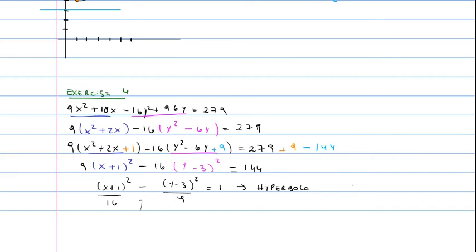And as we've seen before, the general formula for a hyperbola centered in h, k is x minus h squared divided by a squared minus y minus k squared divided by b squared equals to 1, where b squared was equal to c squared minus a squared.